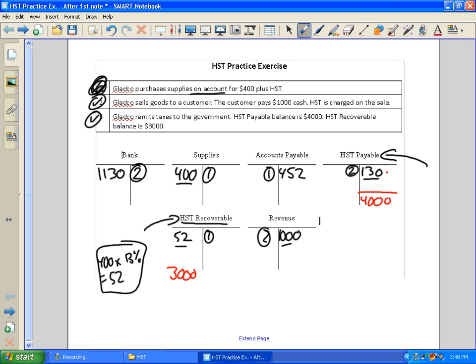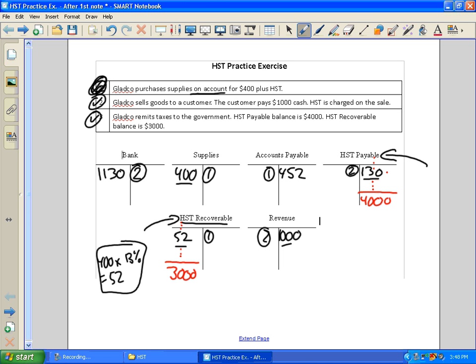What I want you to imagine is that there's been a series of transactions before and after transaction 2 which have accumulated to the balance of $4,000 in the HST payable account. Likewise in the HST recoverable, a series of transactions before and after accumulate to a balance of $3,000.